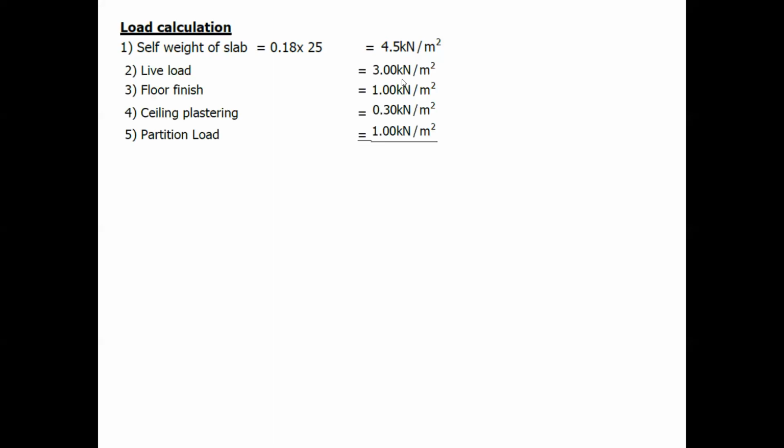Next is live load. It is given in the question, 3 kilonewton per meter square. Floor finish 1 kilonewton per meter square. Ceiling plastering 0.3 kilonewton per meter square. Partition load 1 kilonewton per meter square. These data are given in the question, isn't it? Yes, sir. Okay, so calculate the total load.